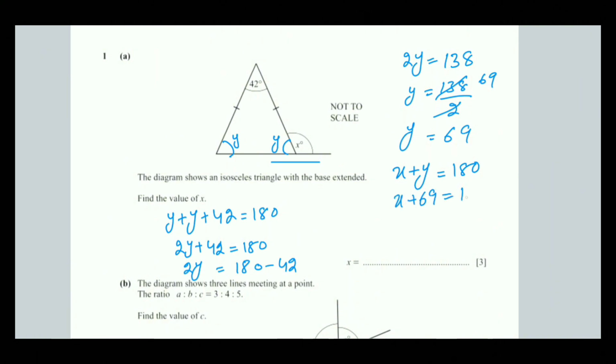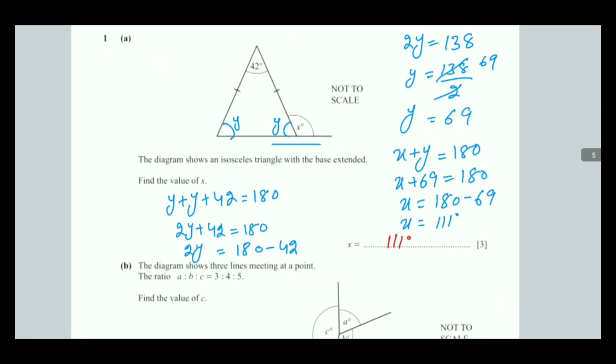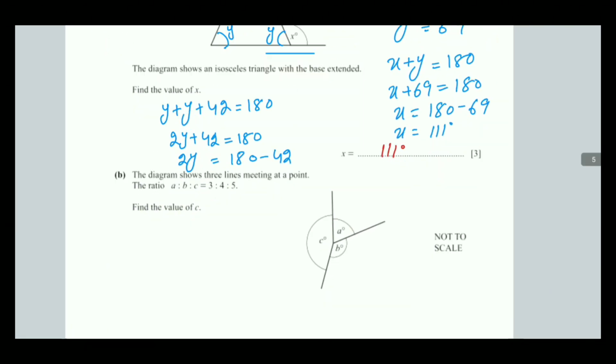Y is 69 and x is equal to 180 minus 69, and that is 111. So x is equal to 111 degrees will be the answer. So this is the way how you will solve these questions.